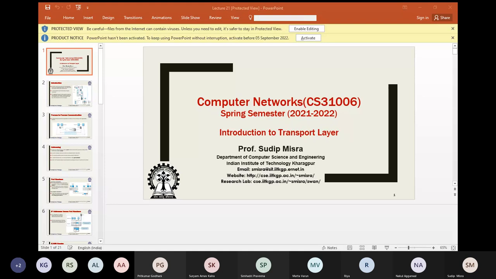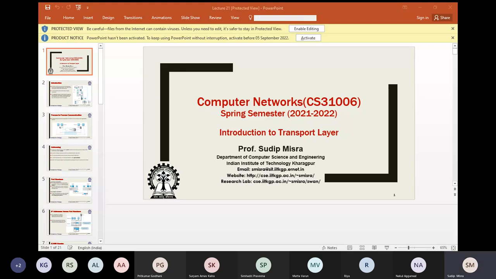Now this is the socket address, which you are already quite familiar with. In the transport layer, you need both the IP address and the port number to be able to make the connection, right? In your socket programming, you have been doing it.